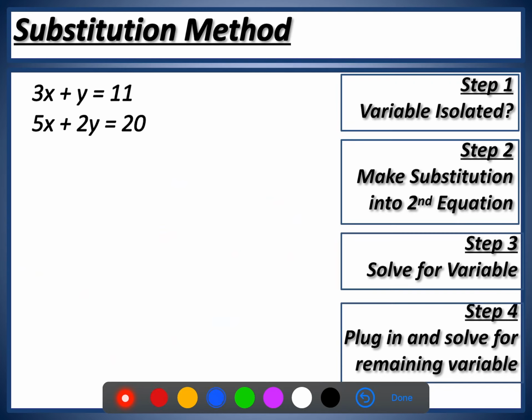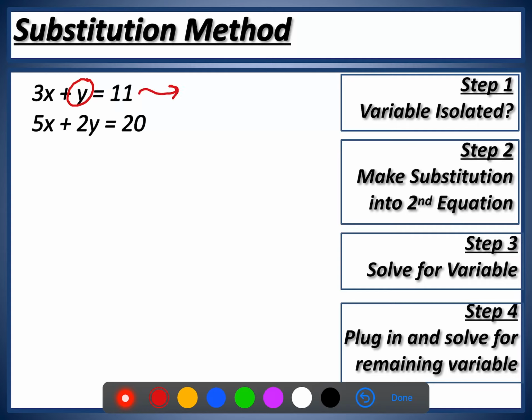Looking at my next example, again none of my equations have a variable isolated, but if I look through, I see that there is one that could very easily get isolated, and it would be the y in the first equation. That would be because it has a coefficient of 1, so you don't have to divide anything out.